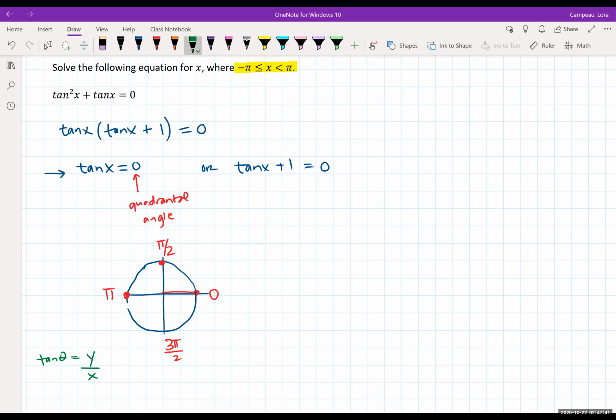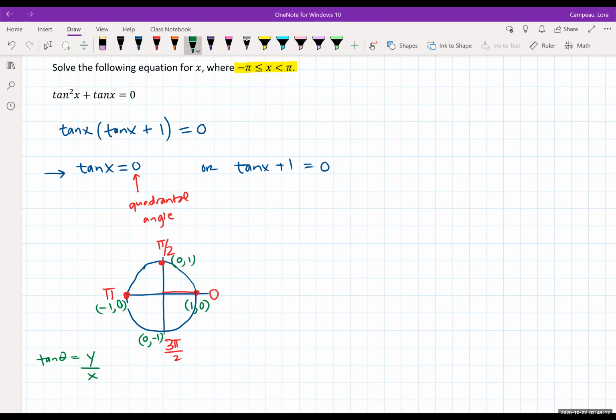And if you're looking at the ordered pairs for each of these quadrantal angles, we have 1, 0; 0, 1; negative 1, 0; and 0, negative 1 for these ordered pairs where the unit circle meets the axis.